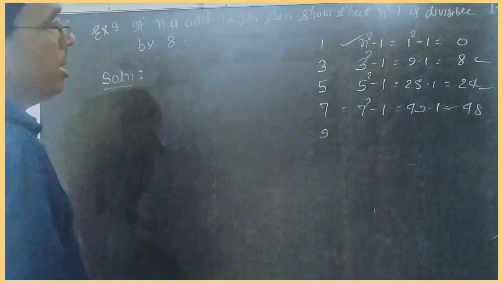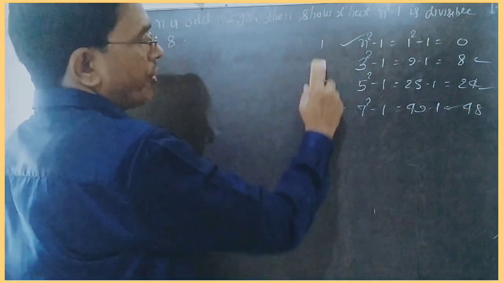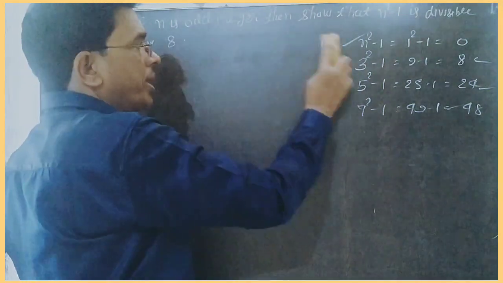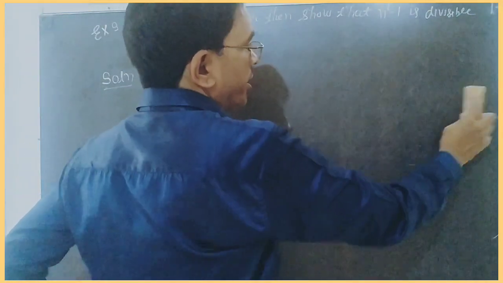So it is clear that the square of any odd integer subtracted by 1 is divisible by 8. But how can you solve it by the theorem?